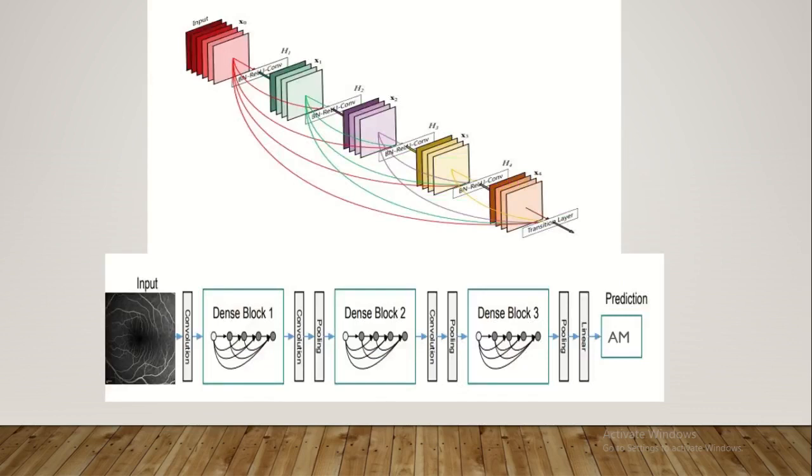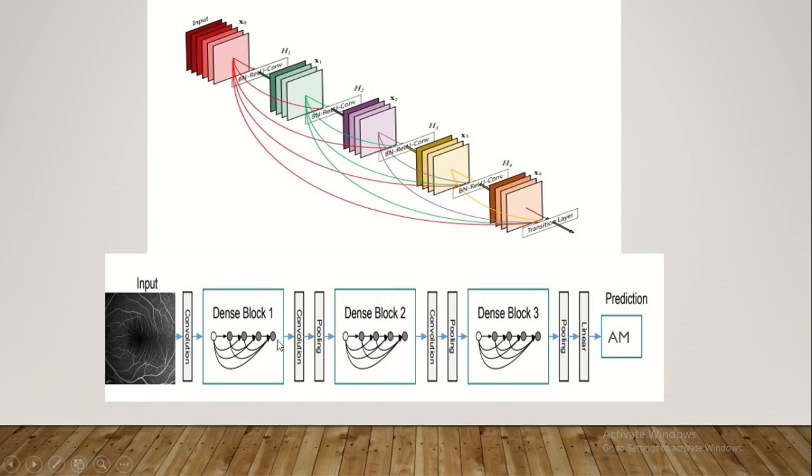Basically, it is similar to ResNet. In a normal CNN architecture, the activation of the current node is calculated from just its previous node. But in DenseNet architecture, we first divide into some dense blocks. Like here we have dense block 1, dense block 2, dense block 3.